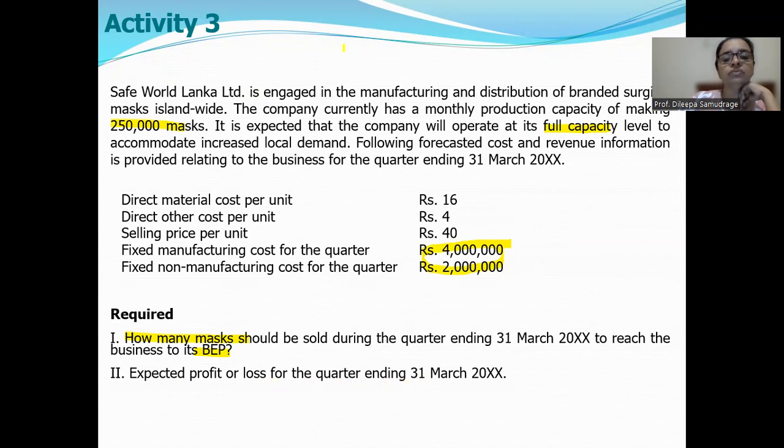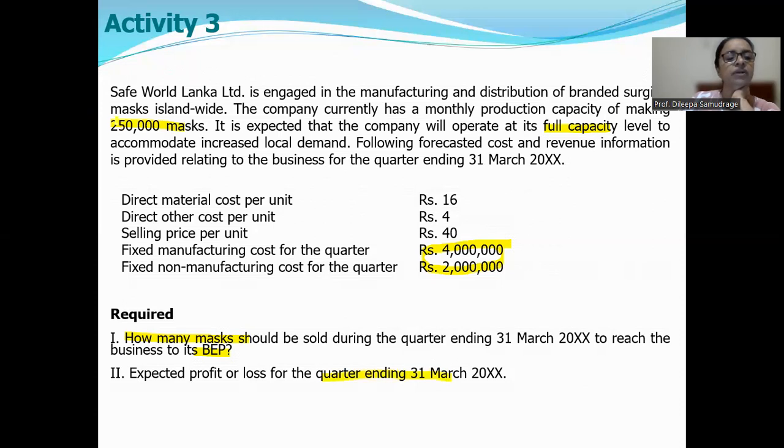Then the next one, expected profit or loss for the quarter ending 31st March. Most of the students' answers here were 16 million, 14 million, 1 million loss. So it's not a loss. Let's look at this. This fixed cost is for the quarter, but the production capacity is per month.